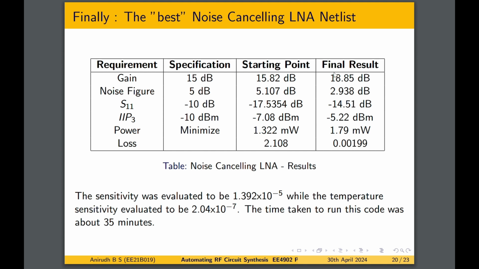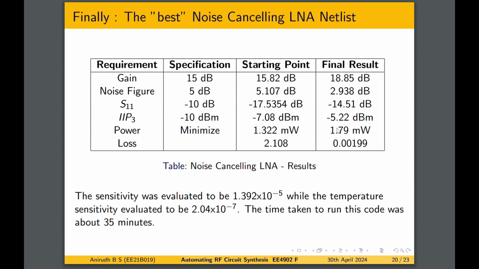The final netlist had a gain of 18.85 dB, noise figure of 2.9. The S11 came out to be -14.5 dB, IIP3 of -5.2, and power of 1.79 milliwatt, and the loss is significantly low, which is 0.00199. In this case, as I described previously, the emphasis was given on IIP3 and noise figure.